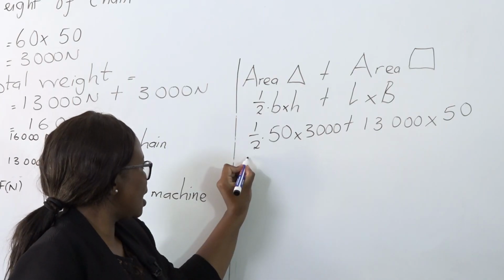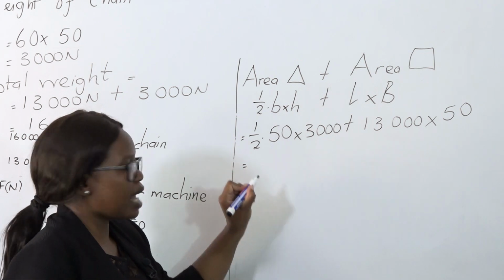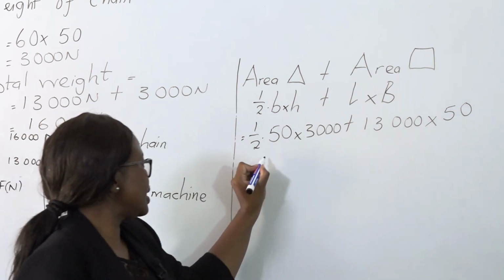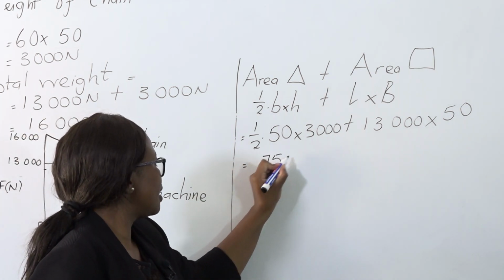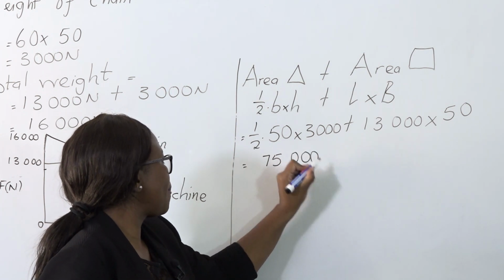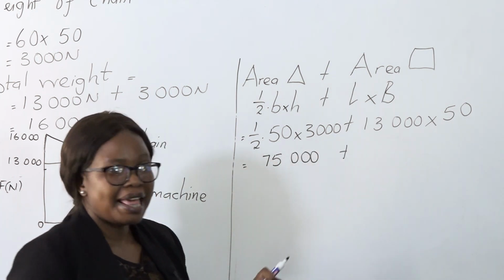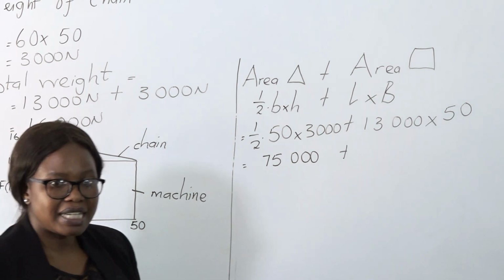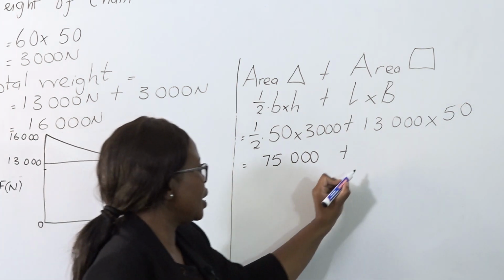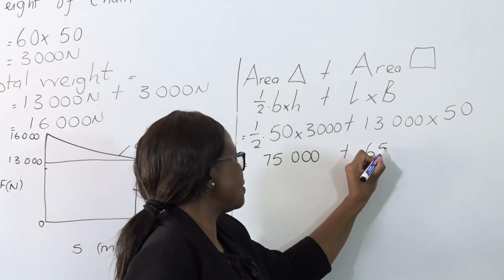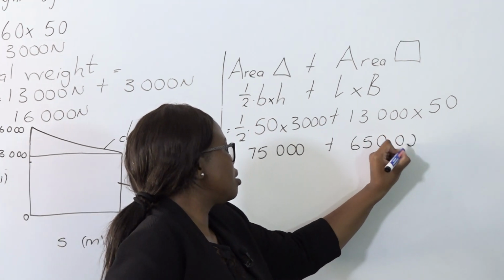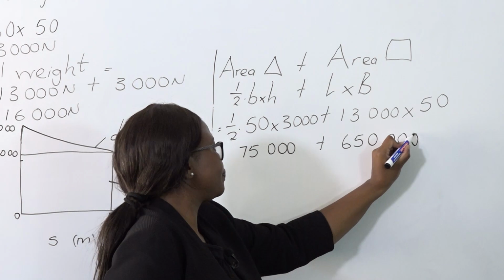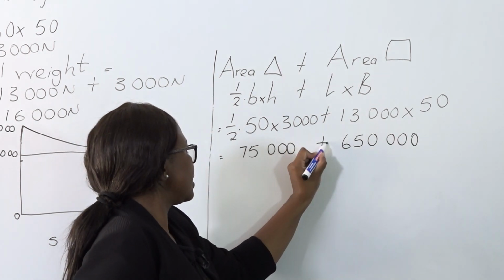Then our answer on the area of a triangle, we are going to get 75,000, right? Plus 13,000 times 50. 13,000 times 50, we are going to get 650,000.